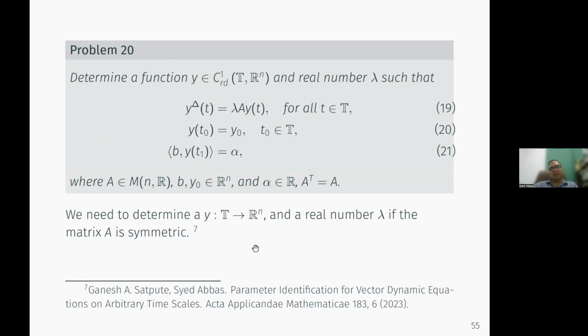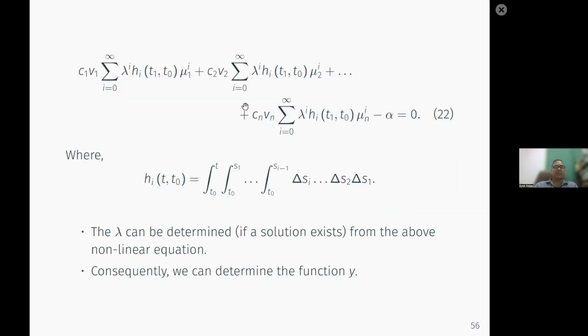So in this case, we choose a symmetric matrix, and we discuss this problem. We get this relation where H t t0 is given by this integral, and lambda can be determined if a solution exists from these relations. And then once we get lambda, we can determine the function y.